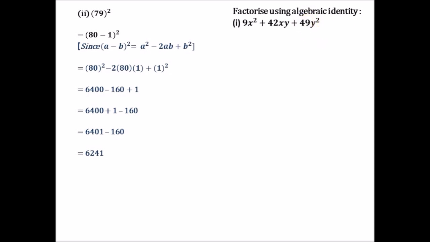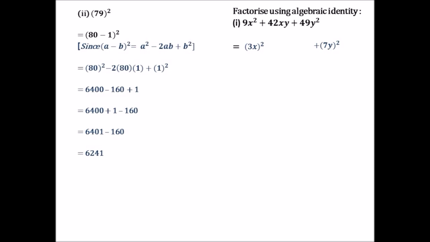Over here, 9x square and 49y square. Now, 9x square can be expressed as 3x whole square, as 3 3s are 9, x into x square, and 49y square can be expressed as 7y whole square. 7 7s are 49, y is y square.